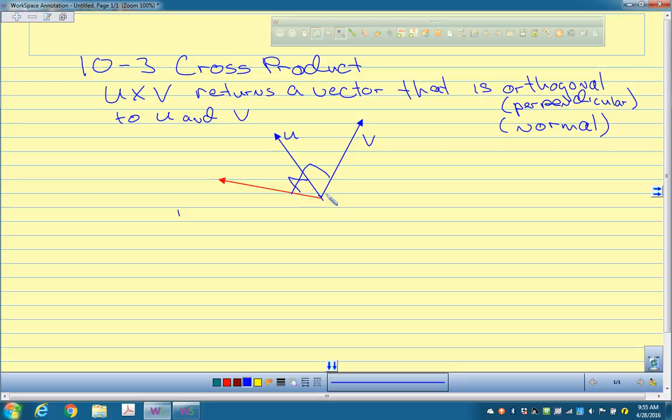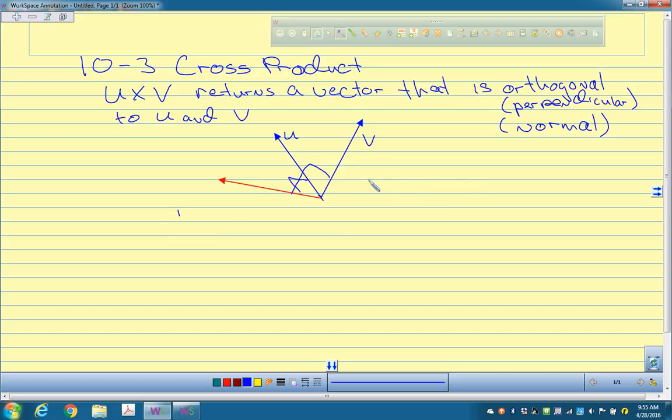The direction of your cross product is important. So it returns a vector, and that has applications in physics and engineering. If you have two vectors, you may want to find a force that's perpendicular to both.